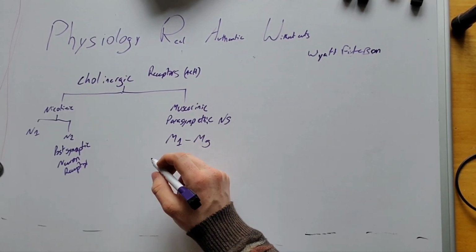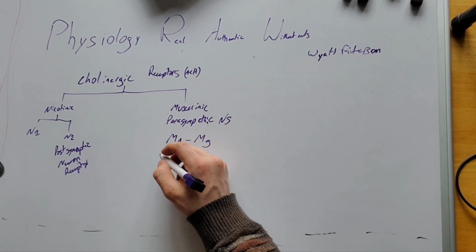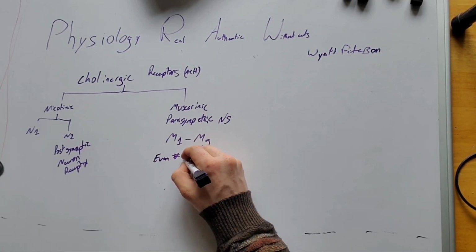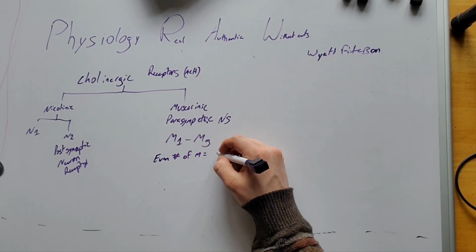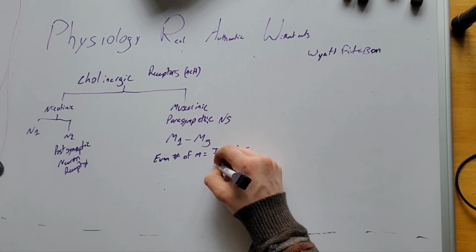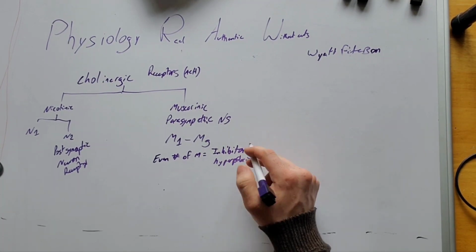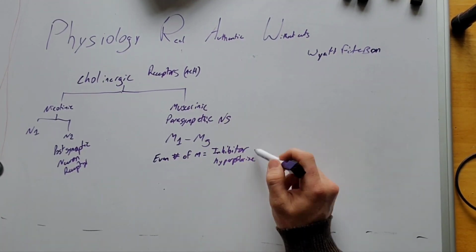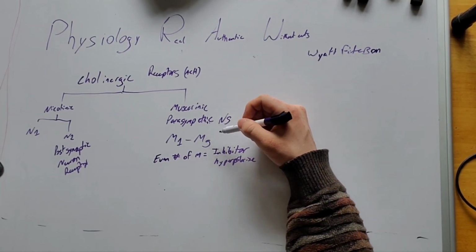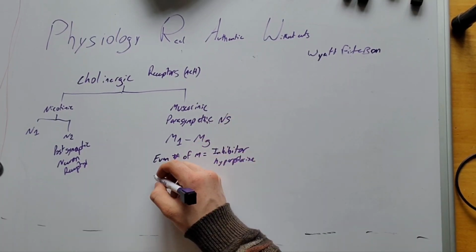And so the even numbers of M are inhibitory. That means they hyperpolarize the membrane, so if a receptor gets these, then it's harder for the membrane to go through an action potential.